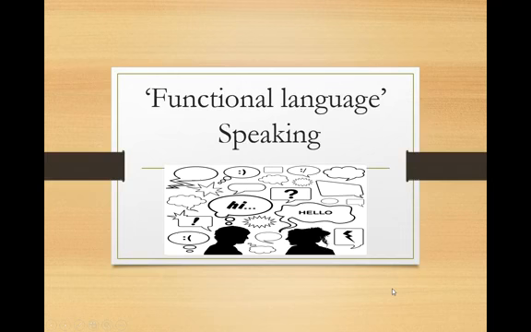What we are going to deal with today is some expressions that we use in speaking, and mainly in dealing with everyday expressions. I'll be dealing with this in a few minutes.